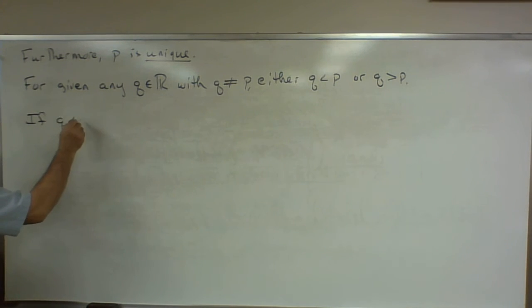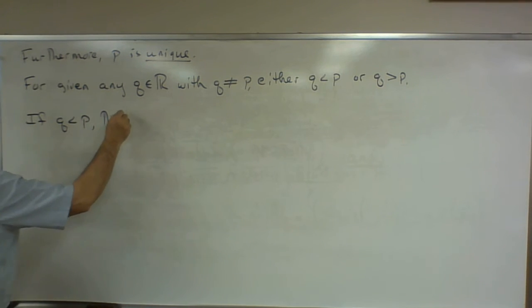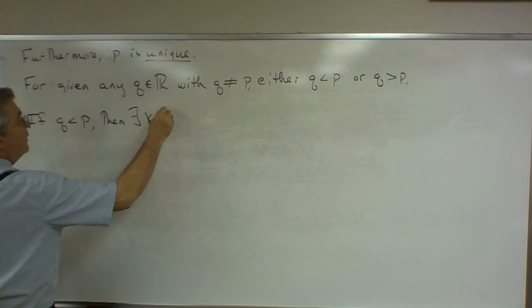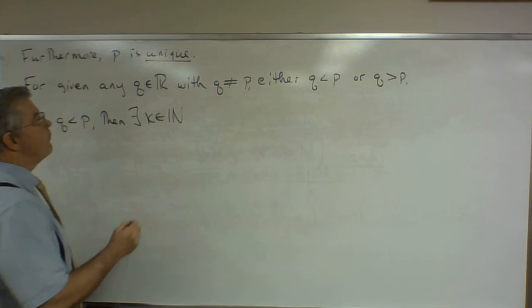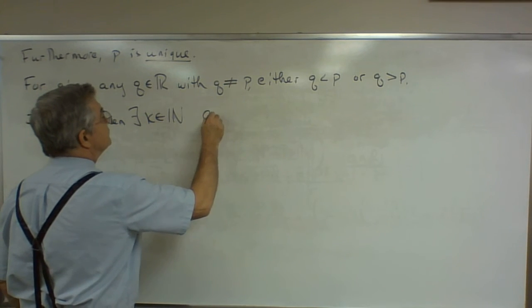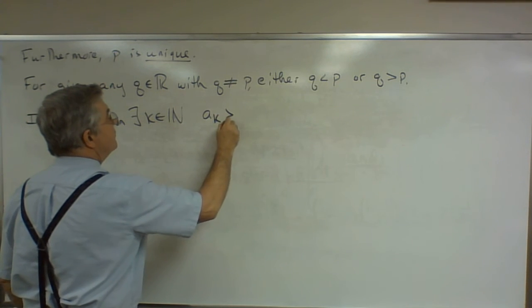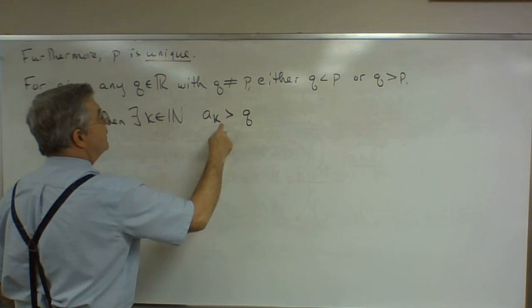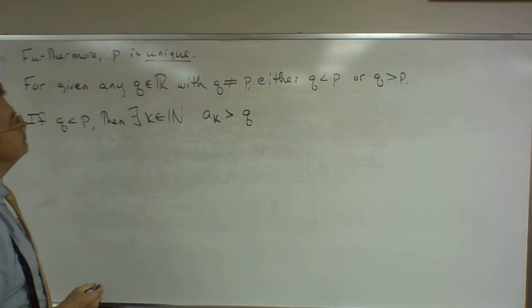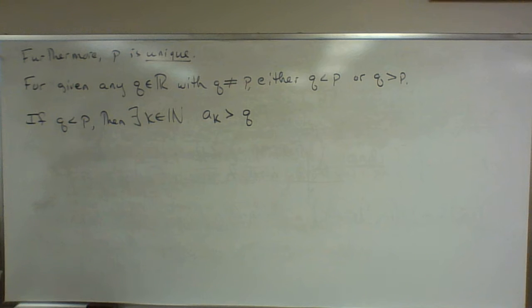If q is less than p, then for some natural number k, a sub k is going to have to be greater than q. Now, why is that?